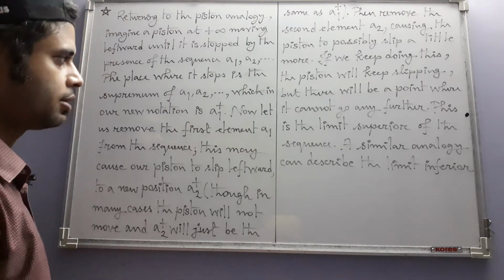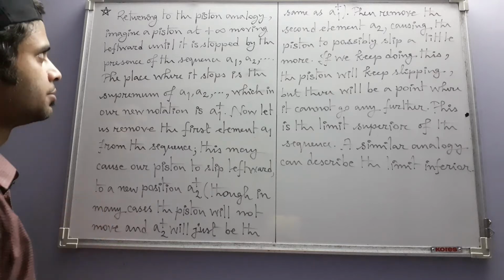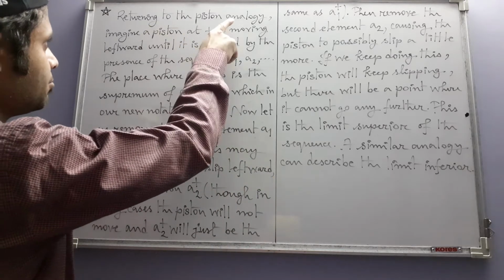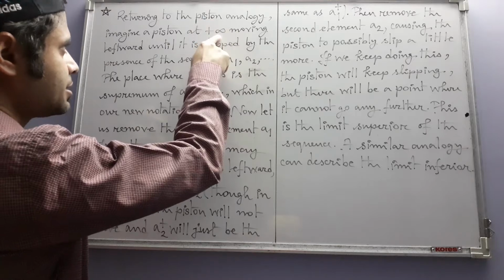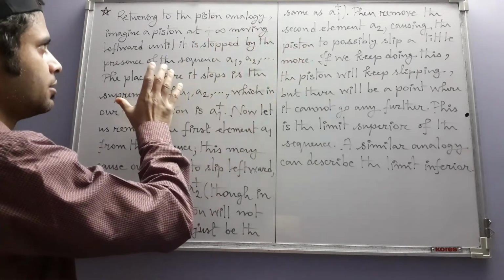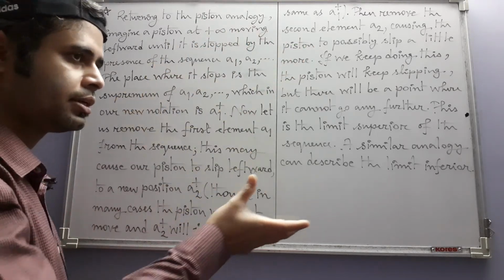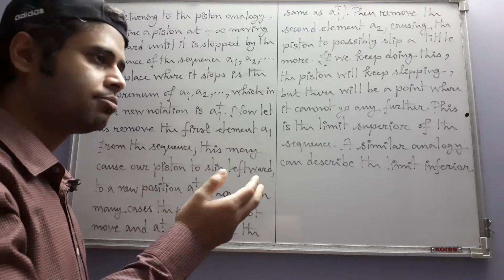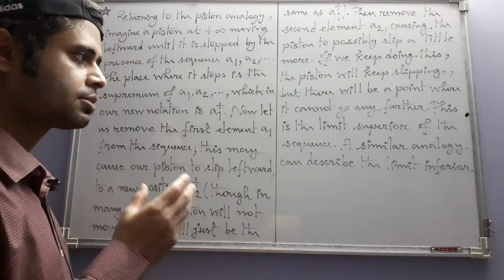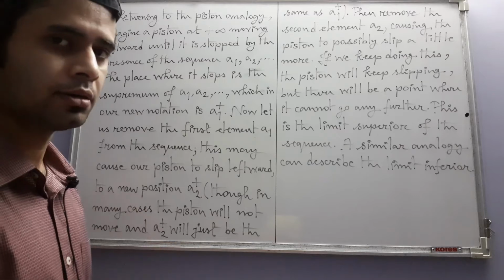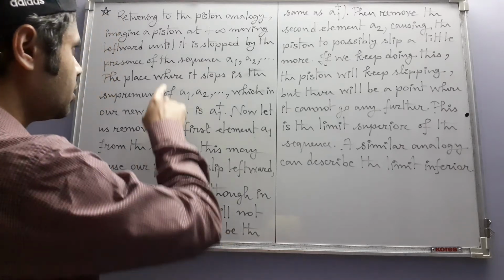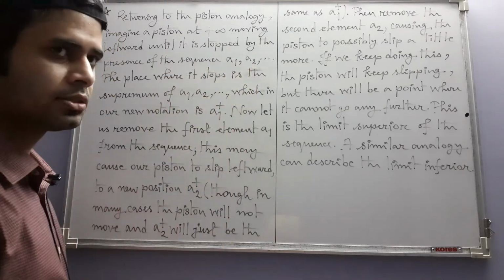To understand the limit superior of a sequence, you start with a piston at plus infinity moving leftward. The piston has this tendency of moving leftward, and it will continue to do so if it does not encounter any obstacle, and that obstacle will be created by the terms of the sequence.